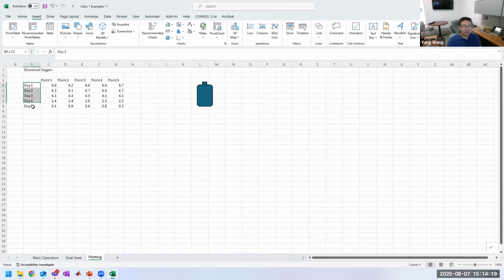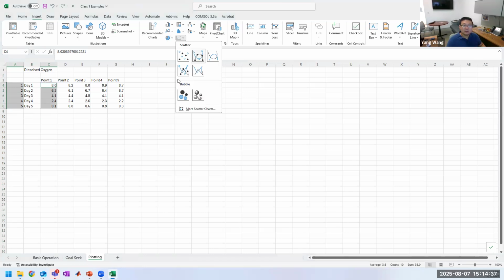That's why we need to convert day 1, day 2, day 3, day 4, day 5 into values. So it's going to be 1 plus the previous day, so that's 1, 2, 3, 4, 5. And then you include the values here. Okay, so this is 0.1.